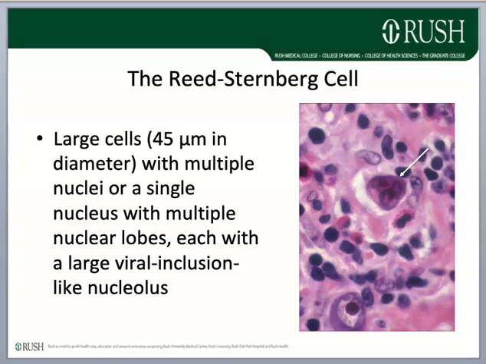They also are distinctive by having multiple nuclei or a single nucleus with multiple nuclear lobes, and each lobe or each nucleus has a large viral inclusion-like nucleolus. So the arrow is pointing to a bilobed or binucleate cell, and you can see the large nucleoli within each of the nuclei.